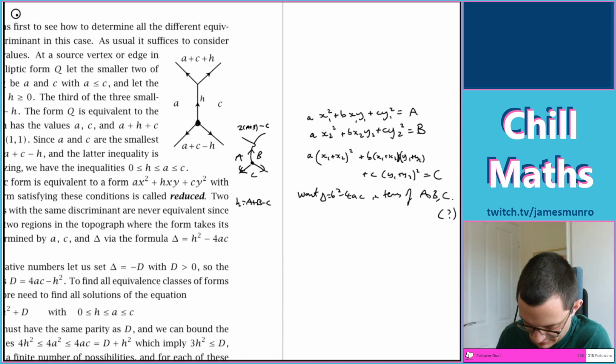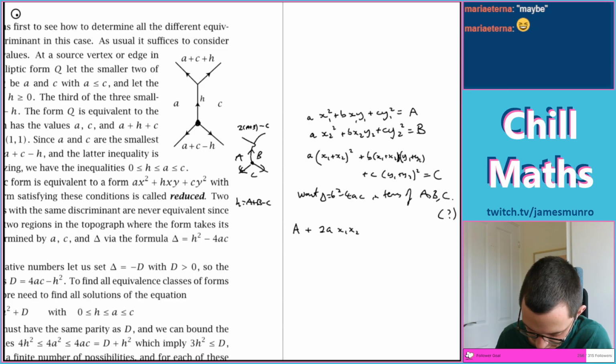So, cutting some corners slightly, when I do the square, and I do x1, y1, and this square over here, maybe I will get capital A. Is this going well? No. 2a x1, x2. I don't like that. And then over here, b(x1 y2 plus x2 y1).